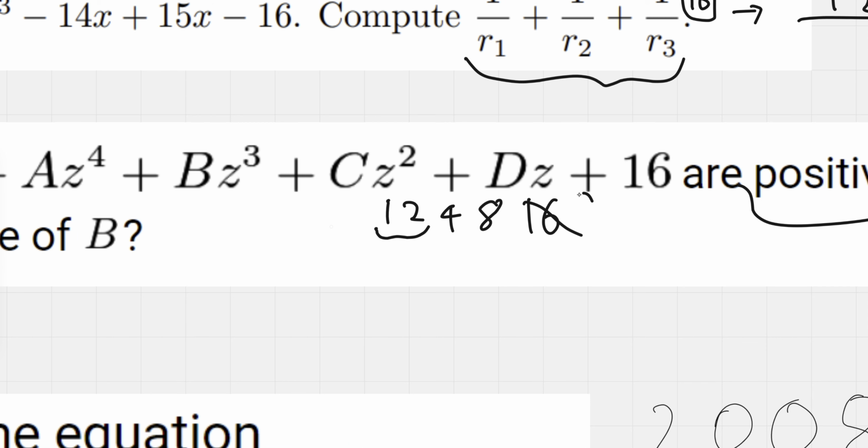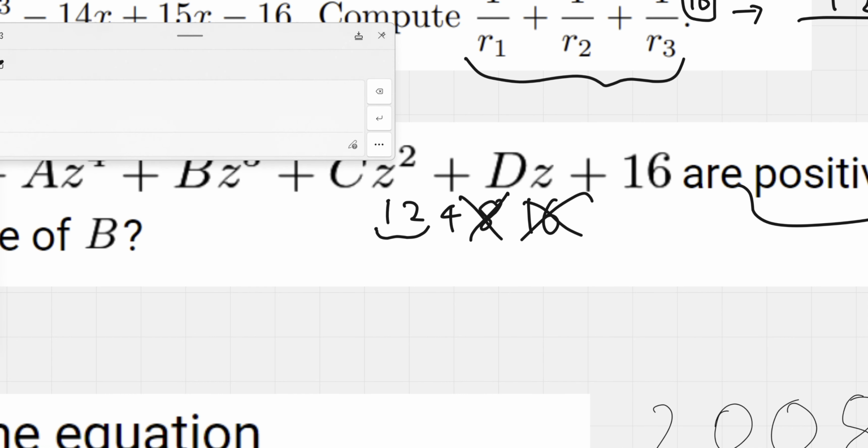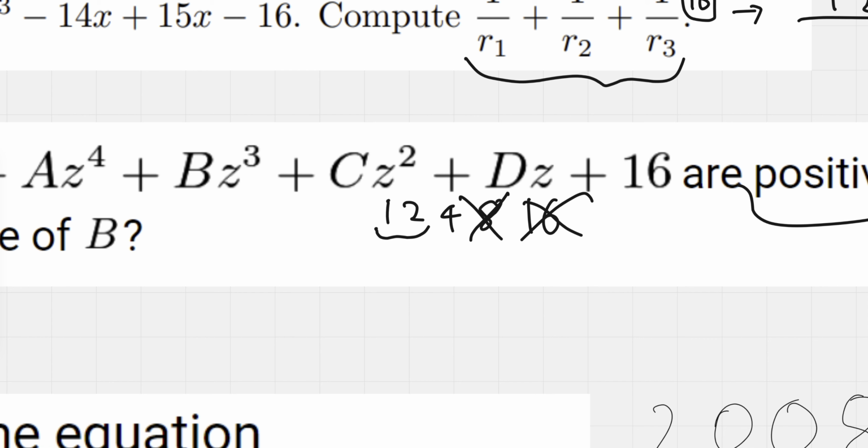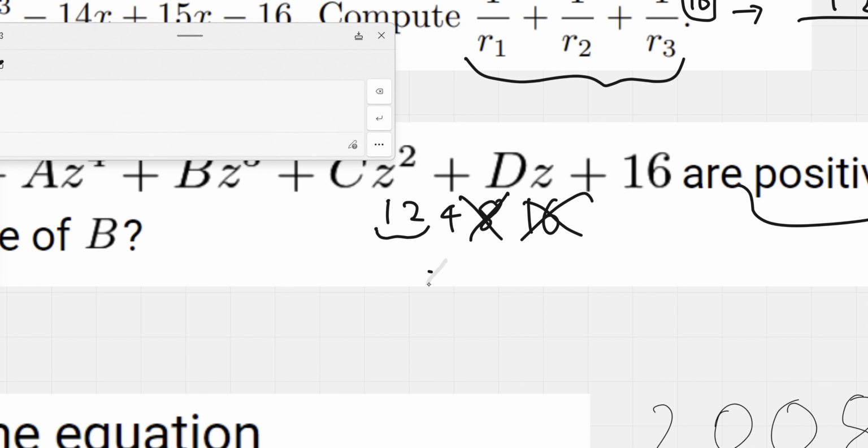We obviously can't use 16 because that would already be too big. If we use 8, we would have 8, and then what? Even if we put 1s for the other 5 terms, that's already too big. So that doesn't work either. We can't use 8. Perhaps if we tried 4, which would require us to use 4 times 4, we still have 4 more spots, and we have to fill those all with 1s, which will lead us to a sum of 12.